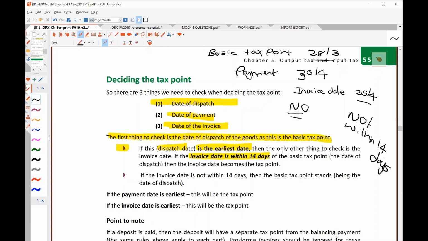So if that was the case, what would the actual tax point date be? Yeah, brilliant. It would be the 28th of the 3rd, because we've done all our tests, none of them worked, and it just ends up being the earliest date. Does everybody understand that? Yeah, fab. What if I did this though?